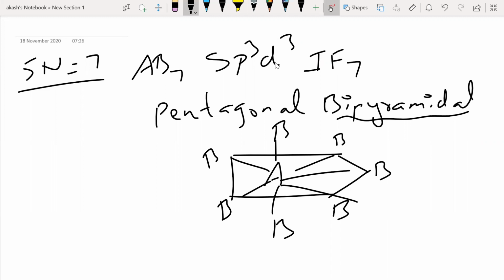Easy. Now last, in this itself, as I told you, I can have AB6L. Any examples for AB6L? Any which you can think of?